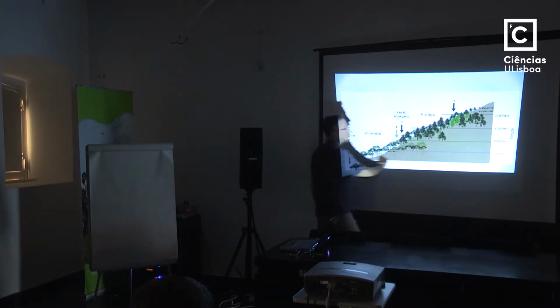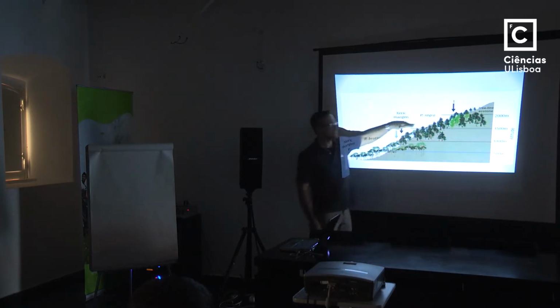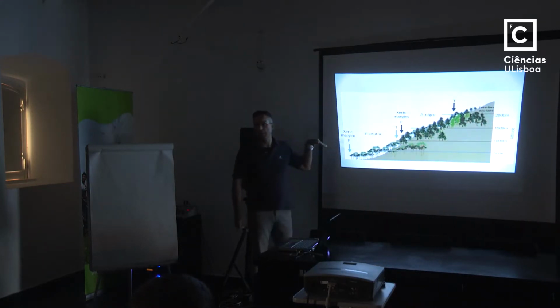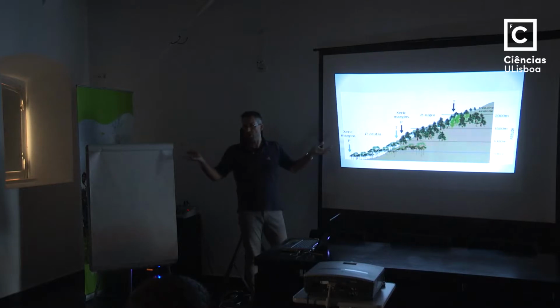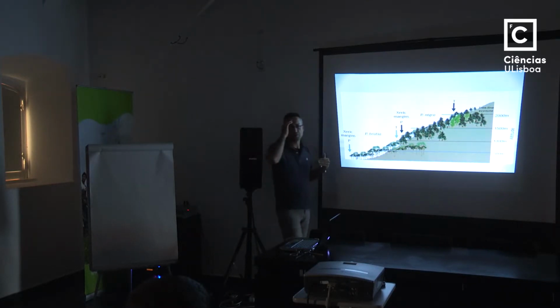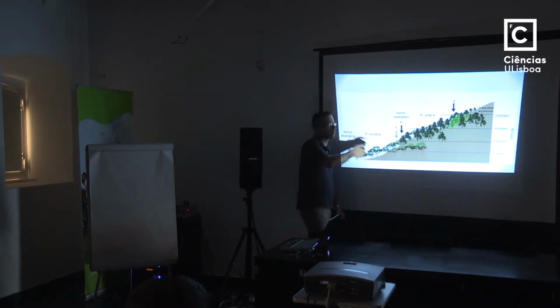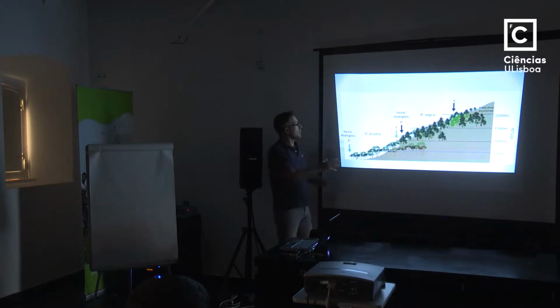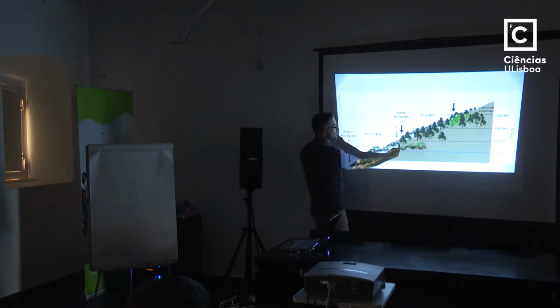So if you go up a mountain, you will see the different zones of vegetation. Okay? All of you have already noticed that. If you climb up a mountain, you see different species at the top and different ones at the bottom. Each of these species has a particular range within which it can survive.